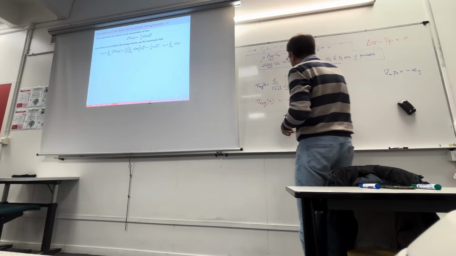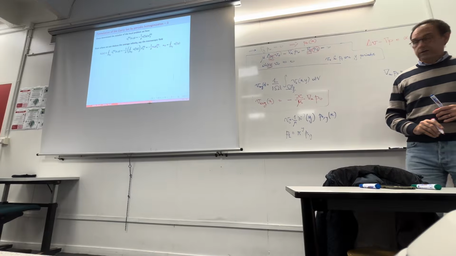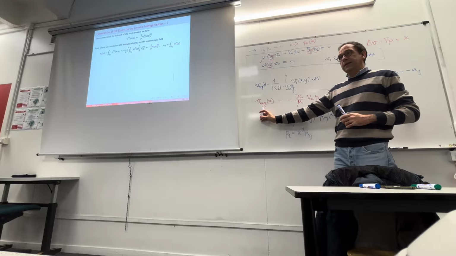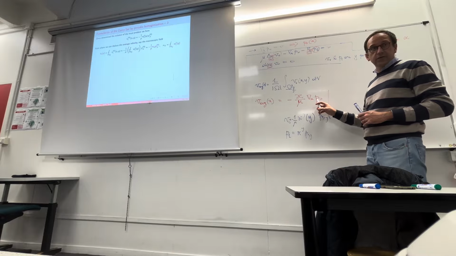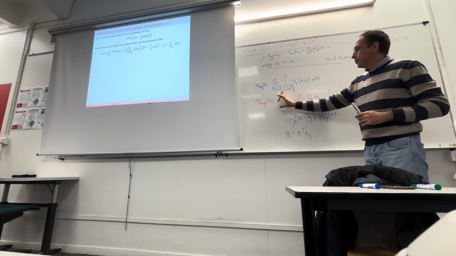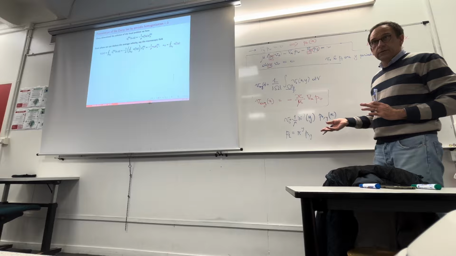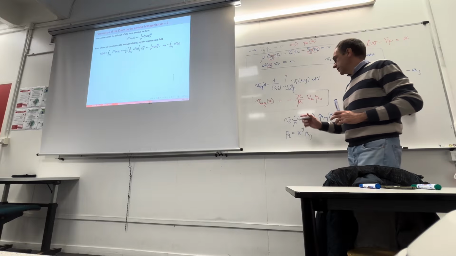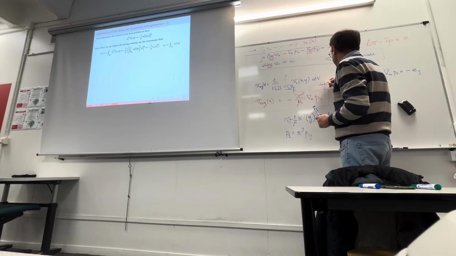So at this level, everything is completely macroscopic. This is a field function of x, this is a field function of x. So we are purely macroscopic and we got the Darcy law. This is the intrinsic permeability.